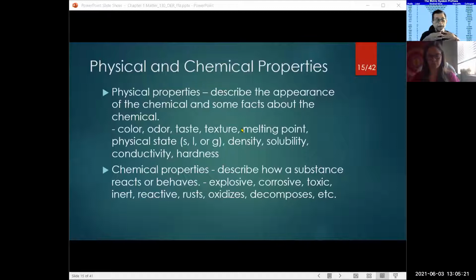So think of the elements as our alphabet. We're going to take that alphabet and create letters and words. And then we're going to start adding these words together to create sentences. So we're taking the elements, making compounds, and taking compounds reacting with other compounds to create products.